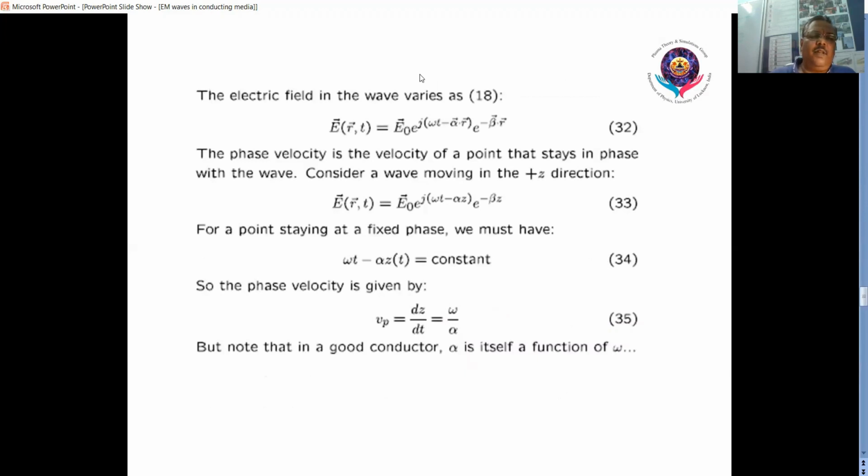So this is the electric vector that we saw earlier. And if we consider the direction of propagation to be the plus z direction, then the electric field can be represented as in equation 33. And for a fixed phase, this term omega t minus alpha z should be a constant quantity, which on differentiation gives the phase velocity.